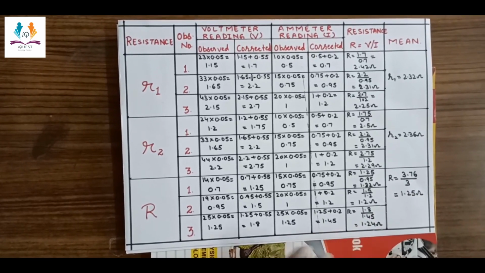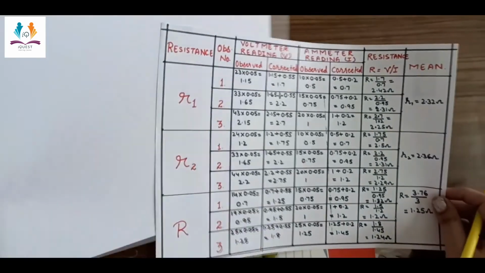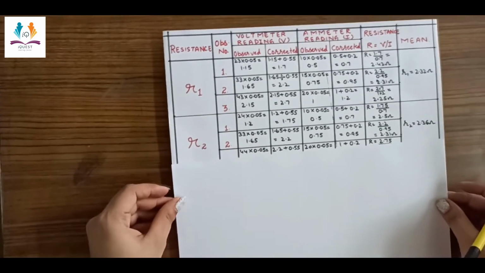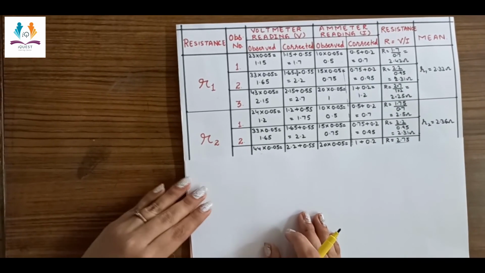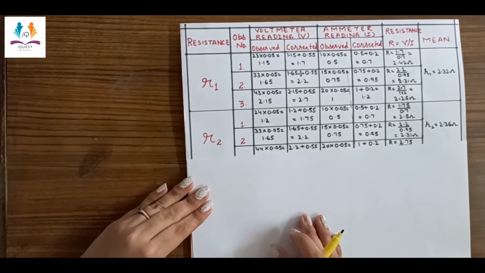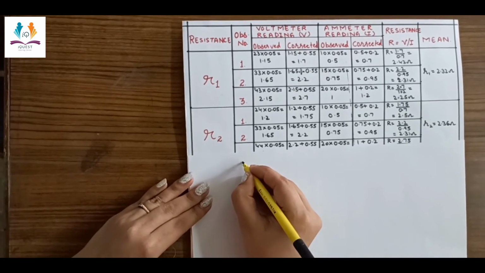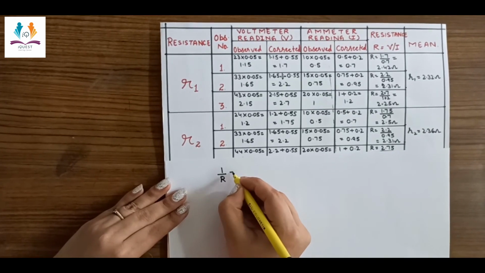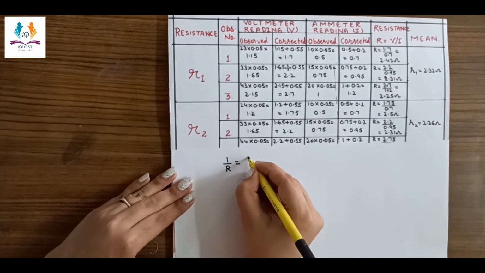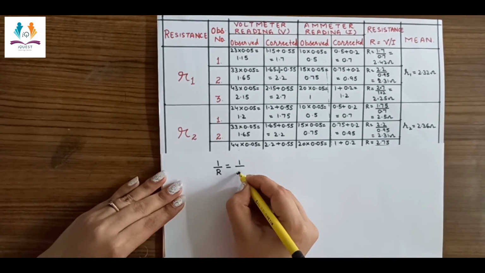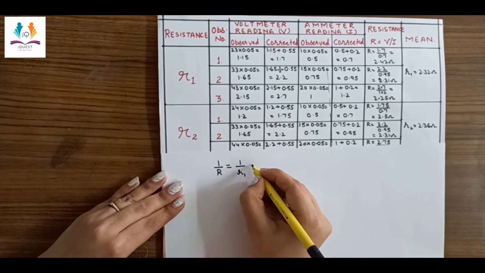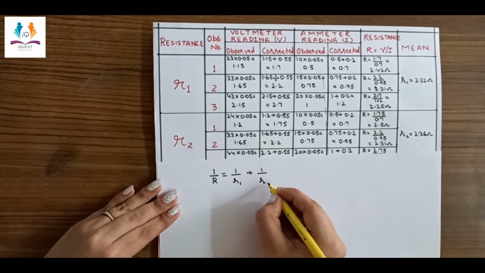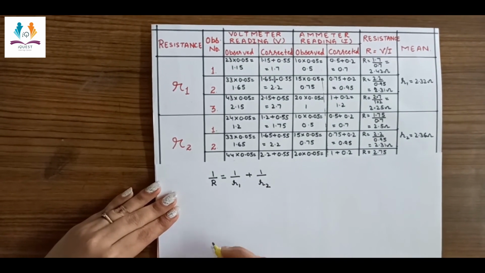ohms. Now if we use the formula by which we can calculate the net resistance when two resistors are joined in parallel, the formula is 1 by net resistance is equal to the reciprocal of the first resistance plus the reciprocal of the second resistance.